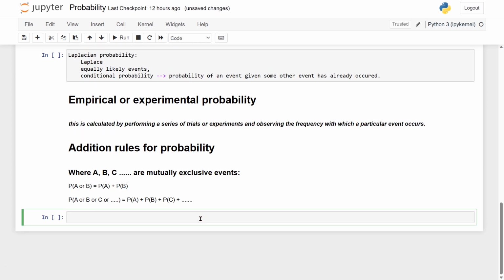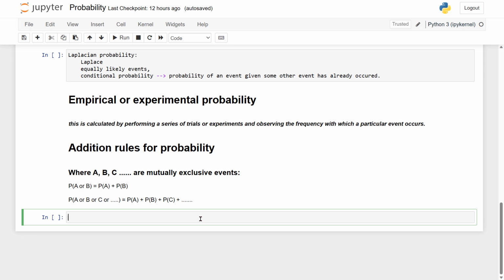The addition rule is commonly used in probability calculations when there are multiple ways in which an event can occur. For example, in a game of rolling a die, the probability of rolling either a 1 or a 2 is calculated using the addition rule.